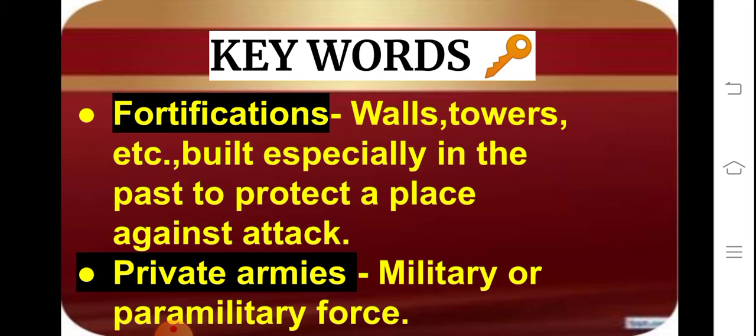The next word is private armies. A private army is a military or paramilitary force consisting of armed combatants who owe their allegiance to a private person. Allegiance means unquestioning support to a private person, group, or organization rather than a nation or state.